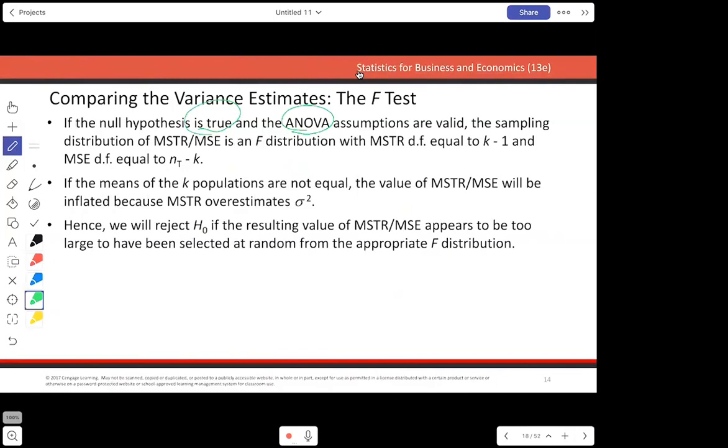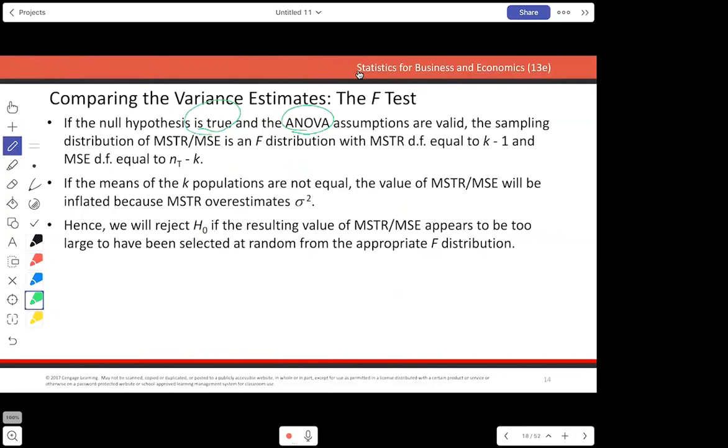So the sampling distribution of MSTR over MSE, which is the mean square due to treatments over mean square error, is an F distribution. And we have the respective degrees of freedom. So in other words, we could use the F distribution to measure the ratio of those two estimates for us. Okay?